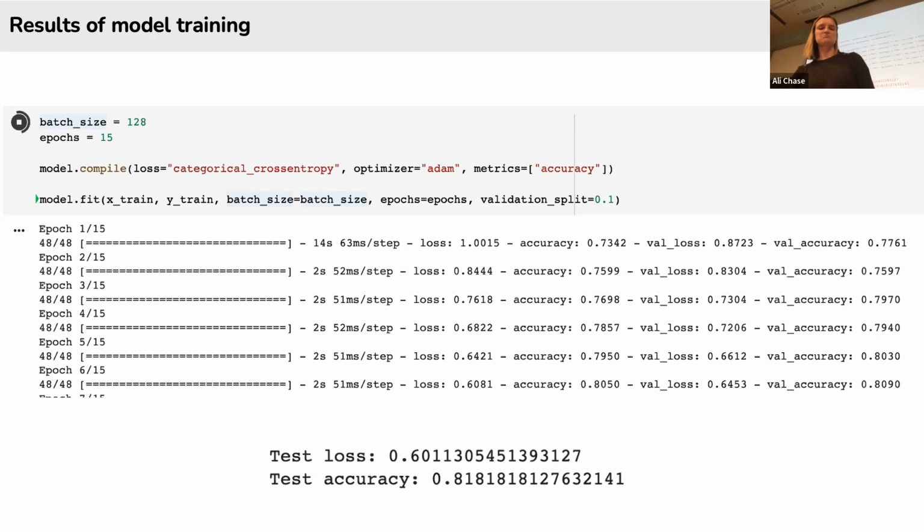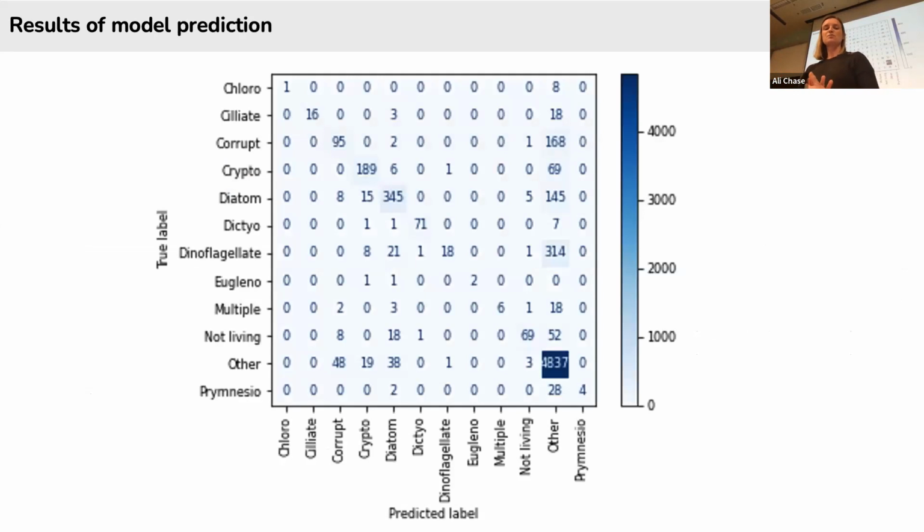In this case, we had loss and accuracy at the end of 0.6 and 0.8. The goal is for the accuracy to be as close to 1 as possible. And in this case, this is total accuracy of the entire network. There are other ways to explore the accuracy of each group. And also what can be important, as I alluded to earlier, is that when something is mislabeled by the network, what was it labeled as?